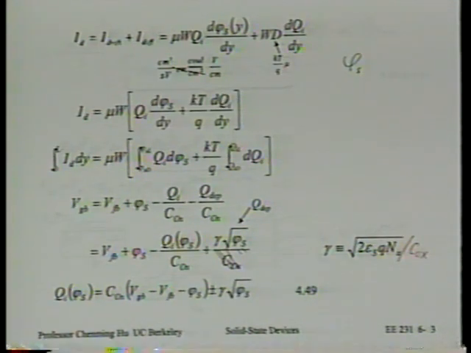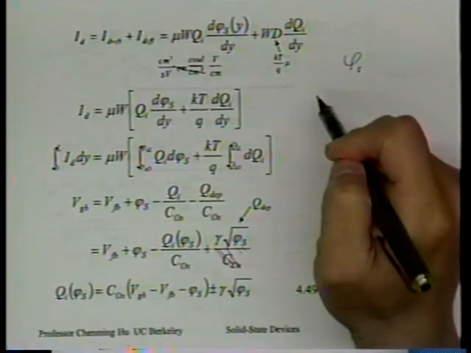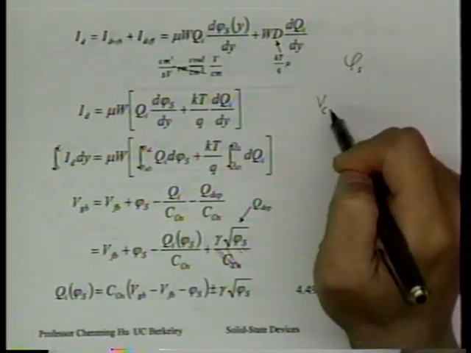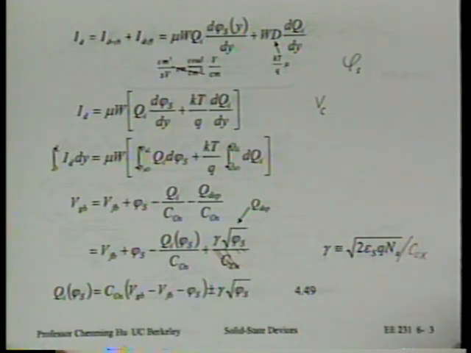So that's phi s. Okay, it's very clearly defined. Is that right? VC we kind of pulled out of the hat when we talked about the IV characteristics. Good that you asked that. VC, we introduced that just by appealing to our intuition that if the channel is viewed as a resistive sheet, certainly it's possible to have potential that's varying on the sheet from the source to the drain.